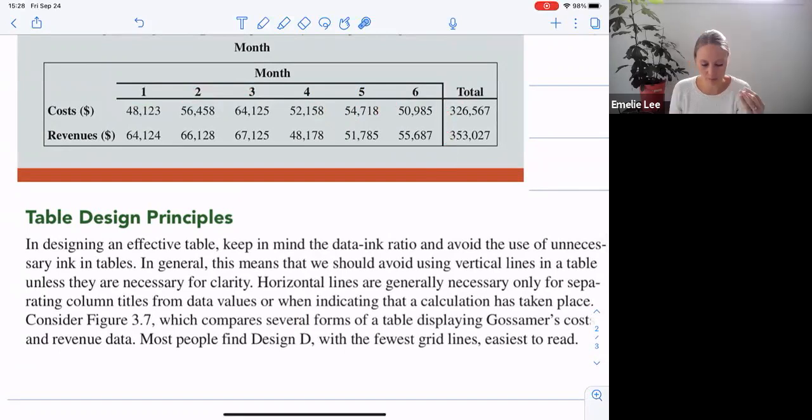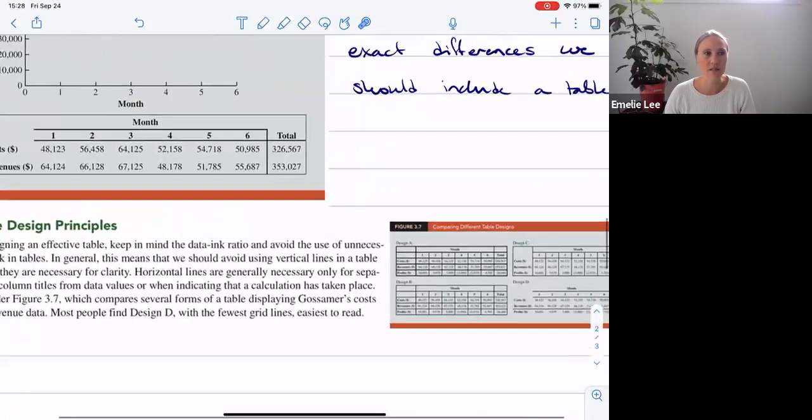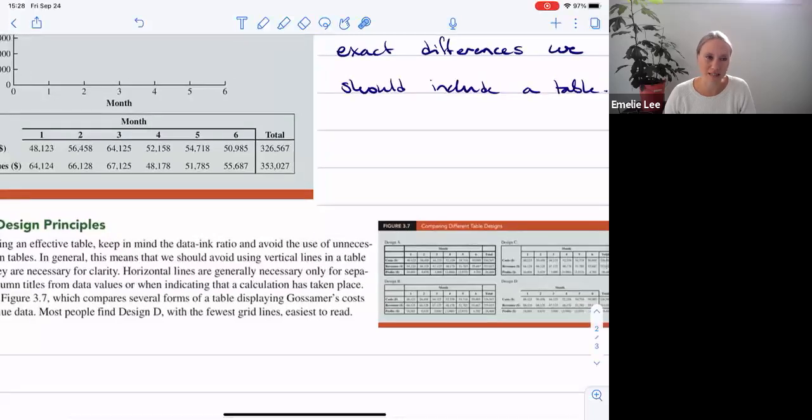If I had done a calculation down here at the bottom, that might be the costs minus the revenue, or maybe the revenue minus the cost to see how much money I made, then I would have a line here to show that I'm doing the revenues minus the cost. So very few horizontal lines, fewer the better in their opinion.